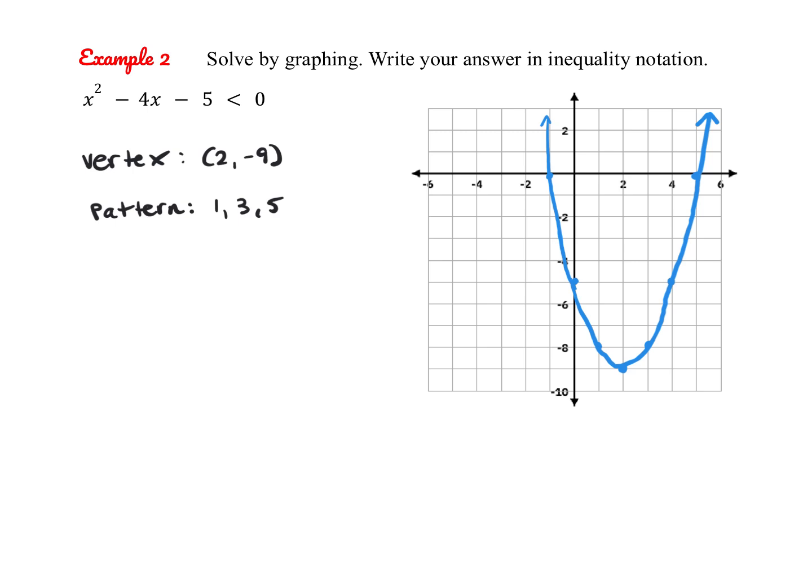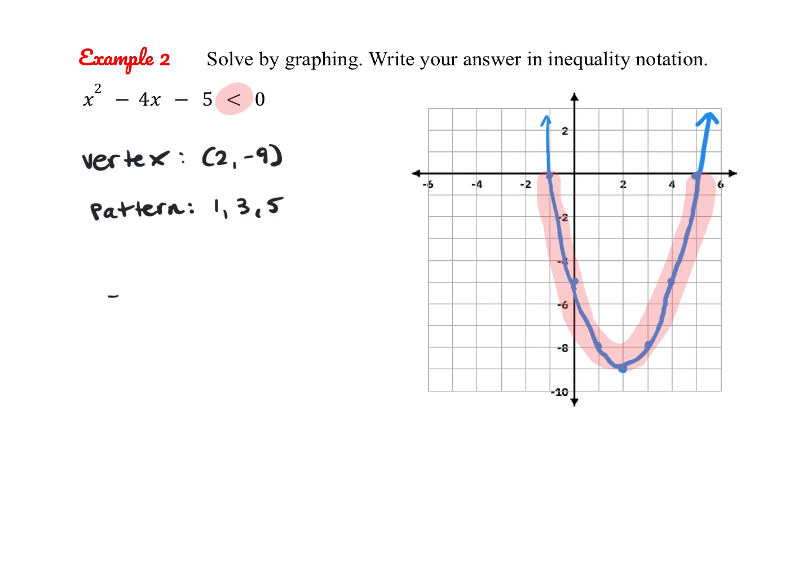Okay, so now we have to decide where our answer is. In this case, we want to know where the quadratic is less than 0, meaning below the x-axis. So that actually falls in a single interval. We can see that that's happening from -1 to +5. So again, our answer should be the x values where our graph is below the x-axis. In this case, we want inequality notation.